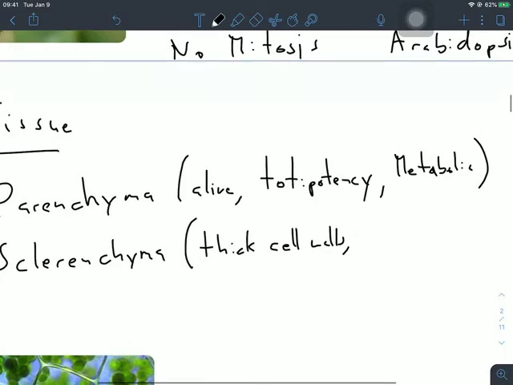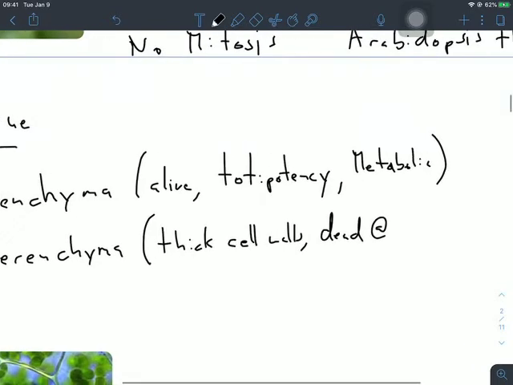These are structural, and interestingly, they are dead at maturity. Meaning that when they've reached their mature form, they're not even a cell at all. They're the equivalent of a PVC pipe. A PVC pipe that isn't, or rather not a PVC pipe, but rebar. They are the equivalent of something structural, keeping the plant up.